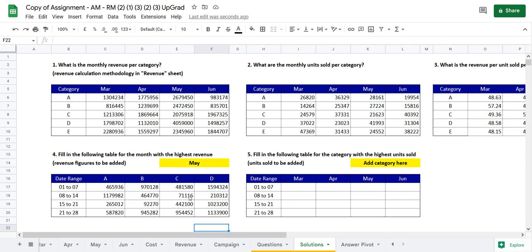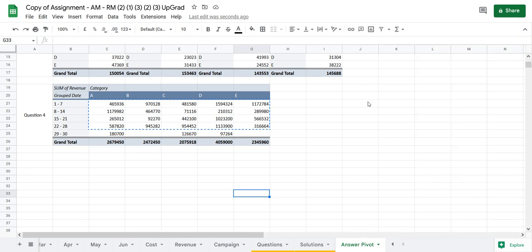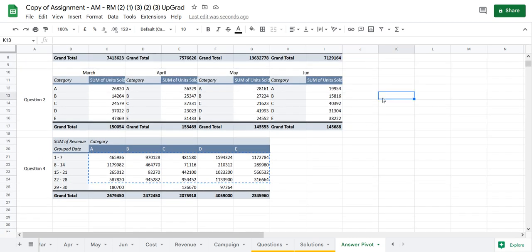The fifth question is we have to fill the following table for the category with the highest units sold. Okay, same question is there. So basically units sold, we have already calculated, means the pivots for question number 2. So we have to check which is the maximum one. So for that we will use the maximum function.